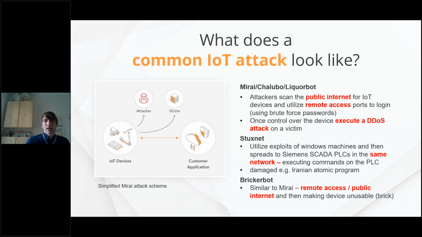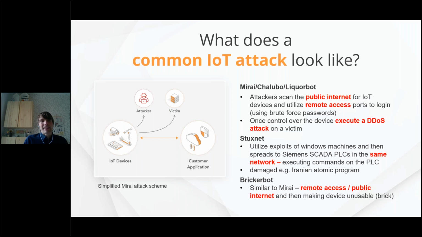So here I have three common IoT attacks that were relevant in the last 1 or 2 years. Maybe Stuxnet is a little bit earlier, but there's a large attack group of malware or vulnerabilities that Mirai and its variants Chalubu and Lickerbot are using, and they all follow the same pattern.